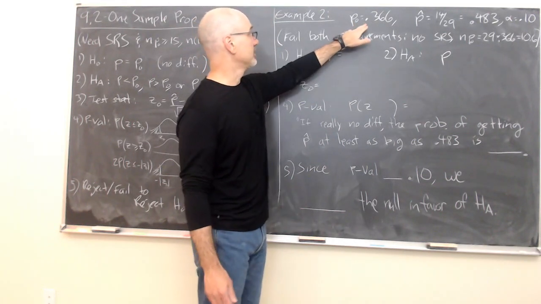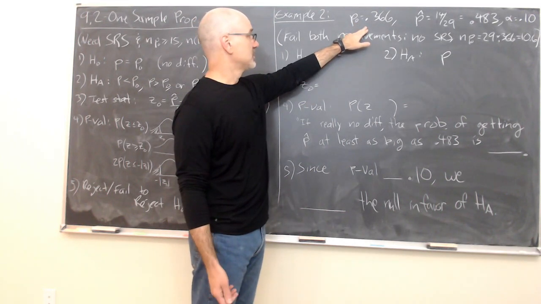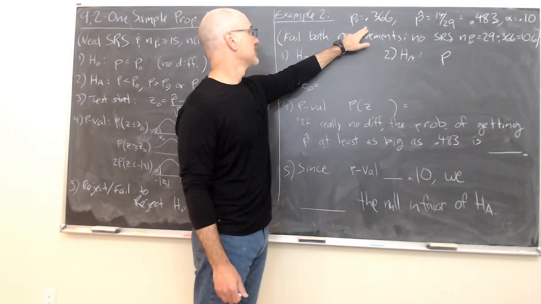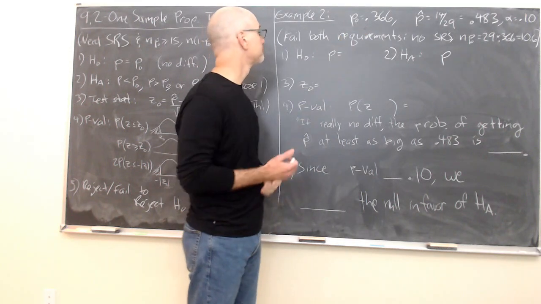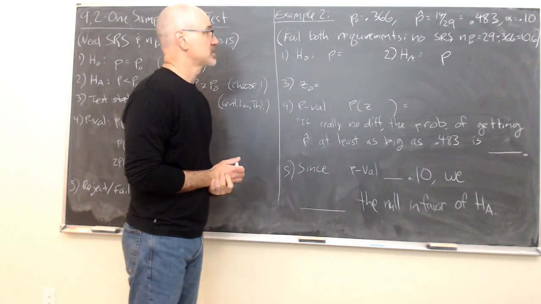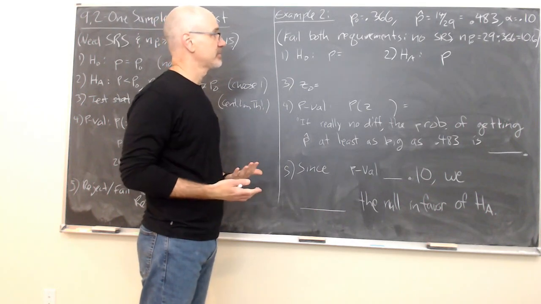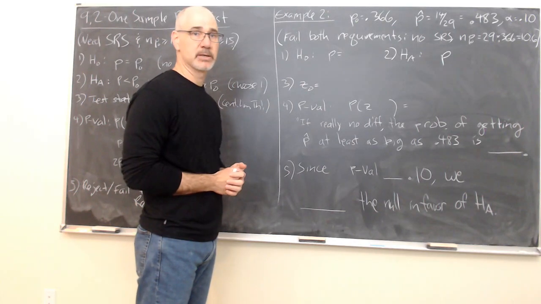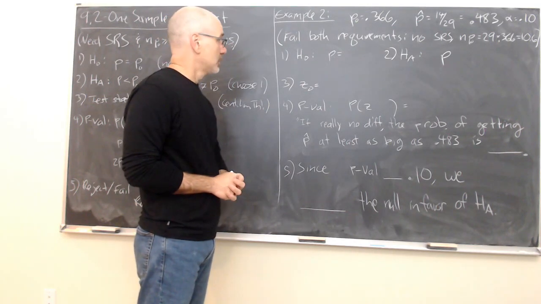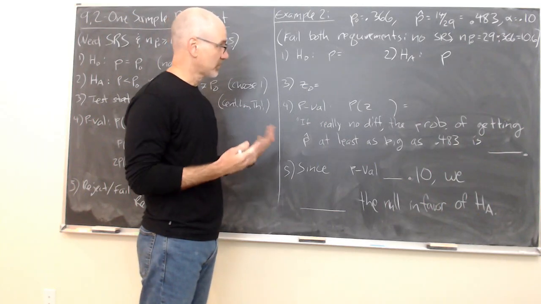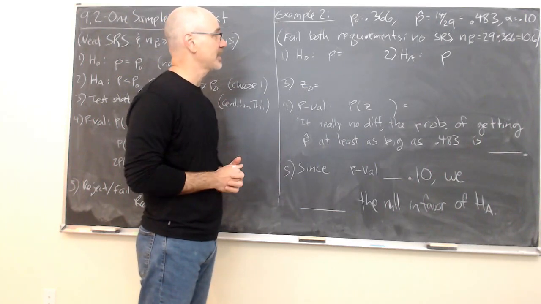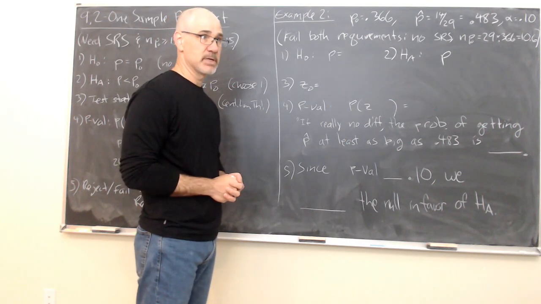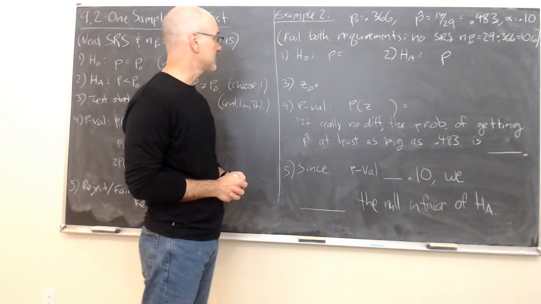And this p naught here is, I just did a quick Google search on the proportion of Democrats in Alabama currently. Right, so it's about 0.366. So what we want to do is test to see if there is a difference between political affiliation of BSc students and political affiliation in the state at large. So we've collected a sample, we found p hat, and we want to figure out if that provides strong evidence of a difference between BSc students and the state.